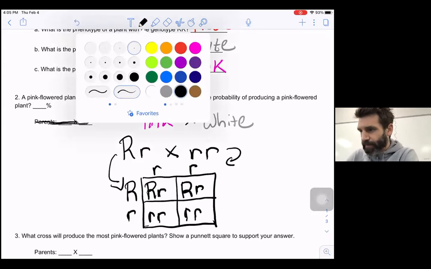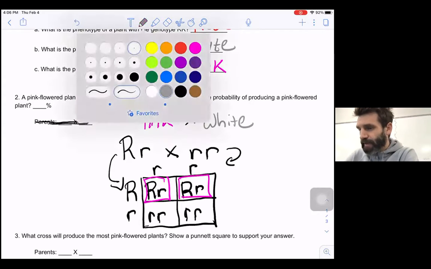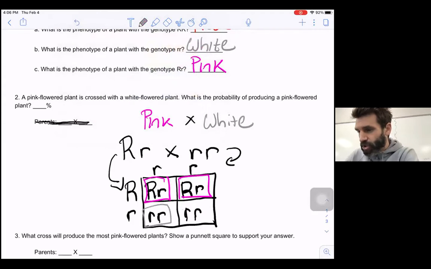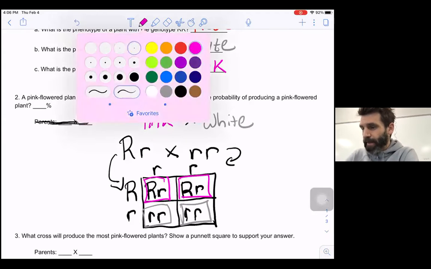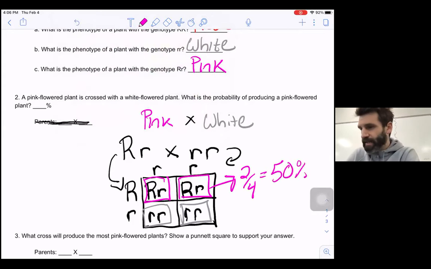So I see 1, 2 pink plants and 2 white plants. So here, the probability of a pink plant is 2 out of 4, or 50%. So the probability of producing a pink plant is 50%.